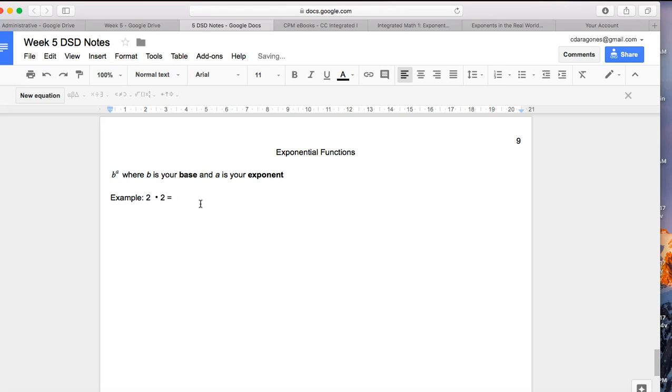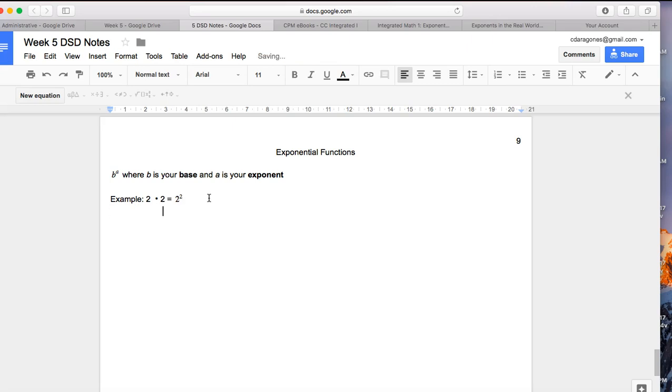This can be written as 2 squared, okay? The base 2 means the number you are multiplying by itself, and the exponent 2 means how many times you will be multiplying the base by itself.